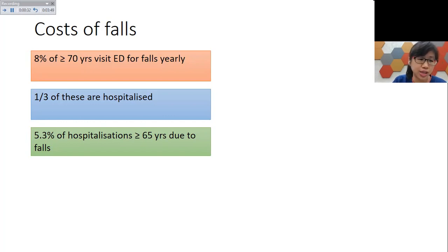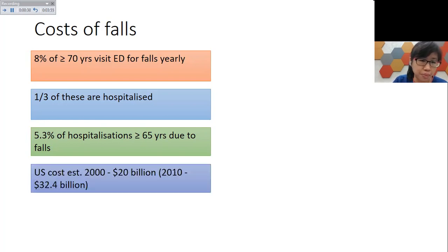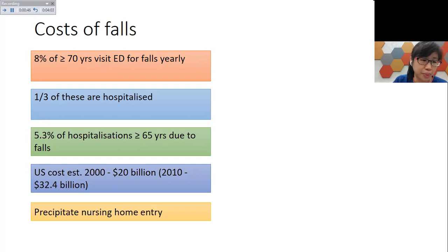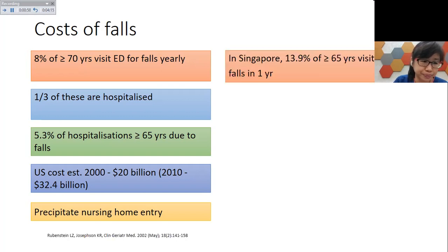And 1/3 of these are being hospitalized. 5.3% of hospitalization among those 65 years old and above are also due to falls. And based on the US data, the cost estimate is about 20 billion in the year 2000, and in 2010, about 32.4 billion. Falls also precipitate nursing home entry as well.